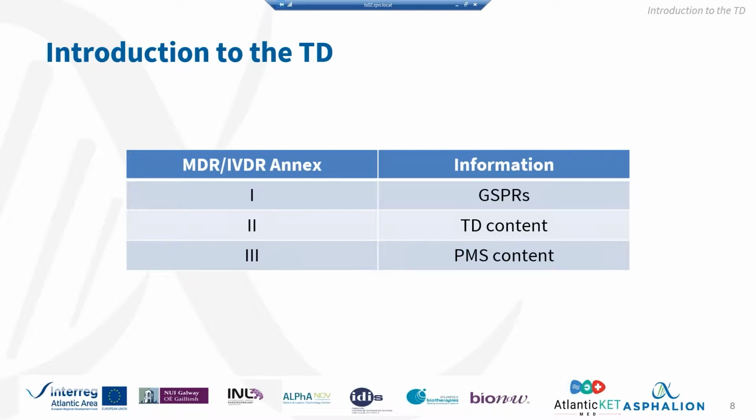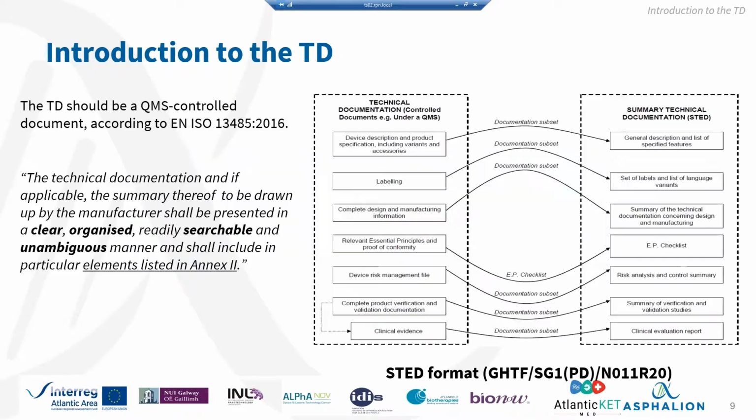Obviously, it is stated which kind of information has to be included depending on the class of your device. If it's a class 1, it's quite unlikely to include a clinical investigation, so that will not be included. So you have to assess depending on your device. But in general, you've got all the information laid out here in these annexes, indicating what information has to be included in the technical document.